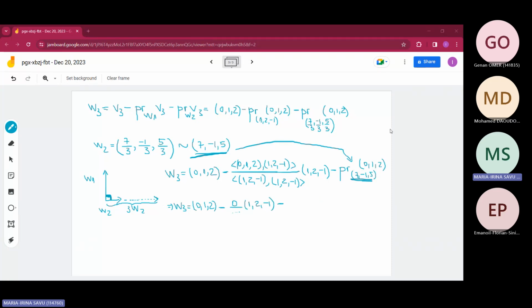Minus, and let's take a look at this projection.